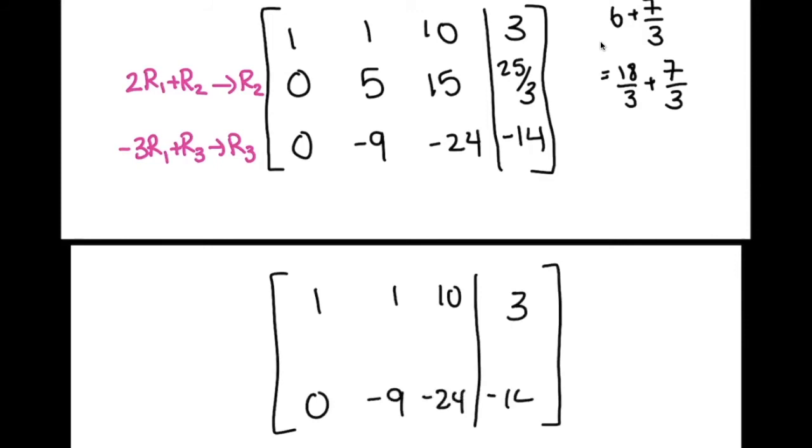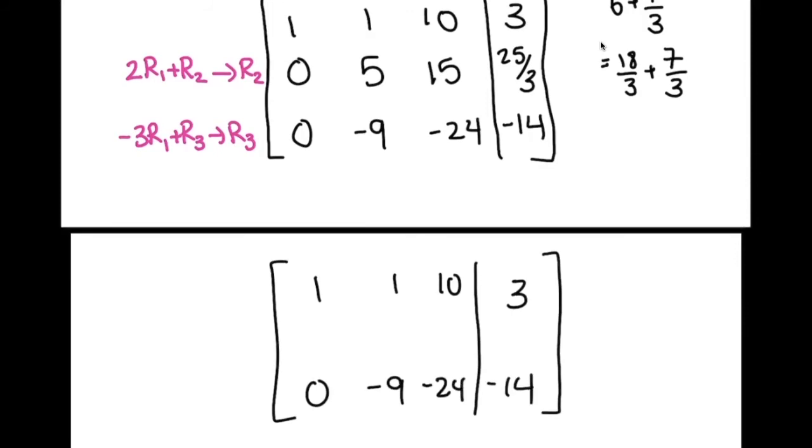-24 and -14. But row 2, I want to make this 5 a 1, and I can do that by multiplying it by 1 over 5. So 1 over 5 times row 2 goes into row 2. So 0 here. 1 over 5 times 5 gives me that 1 I wanted. 15 over 5 reduces to 3.